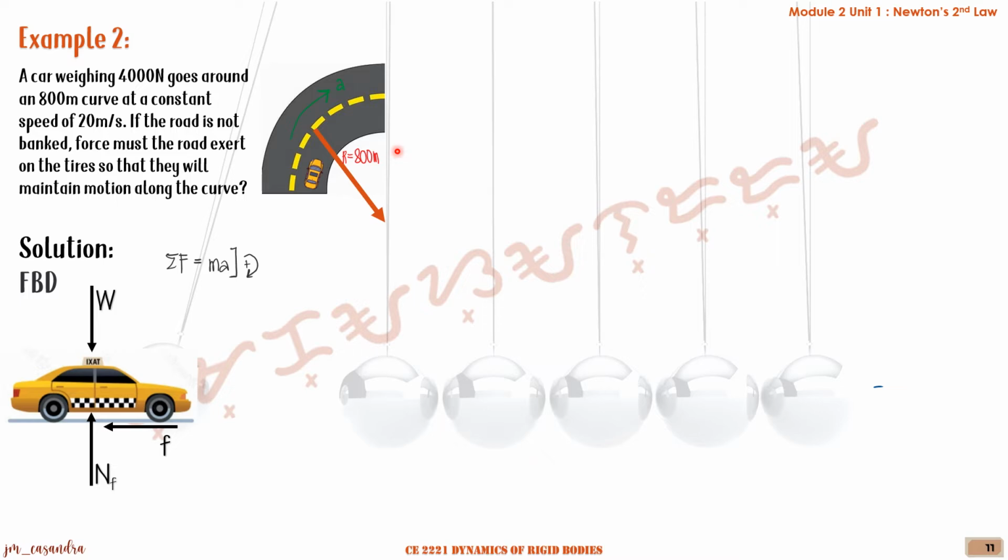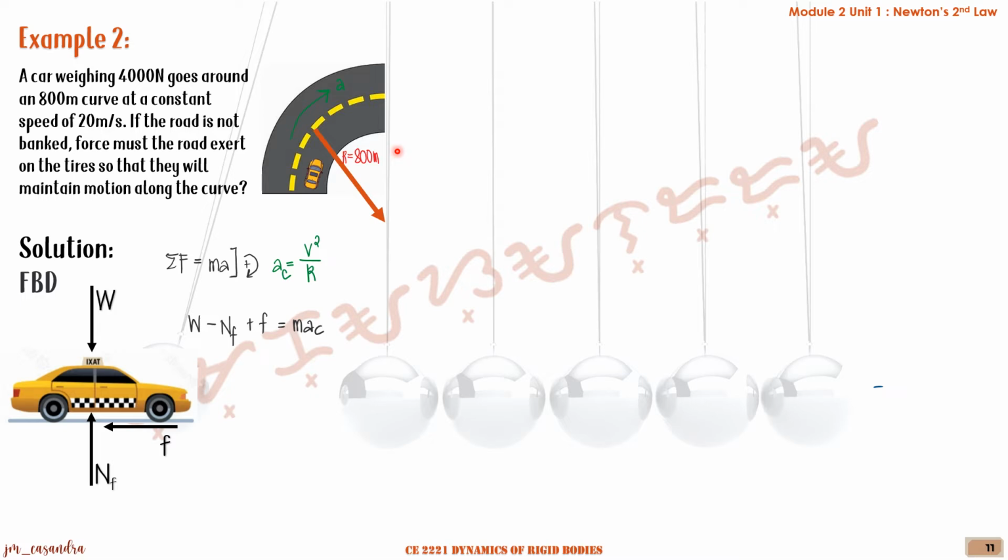Since the car is moving in a rotational motion, our acceleration will be defined by a_c equal to v squared over r. And then our summation of forces will be W minus N plus the frictional force equal to mass times a_c.